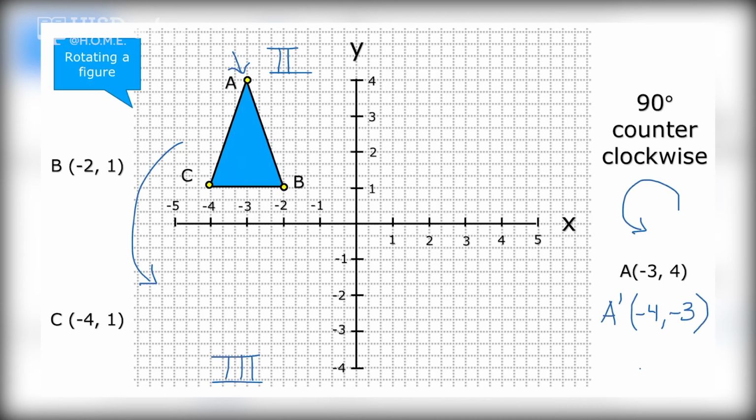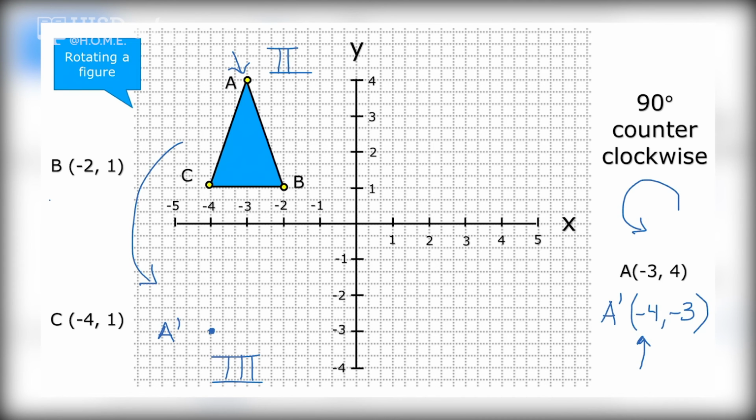Notice that on the coordinates, I'm changing the number's position, and the only one that I'm messing with its sign is the number over here on the new axis. So now I know that my new point is gonna be right here, and that's gonna be the new A.